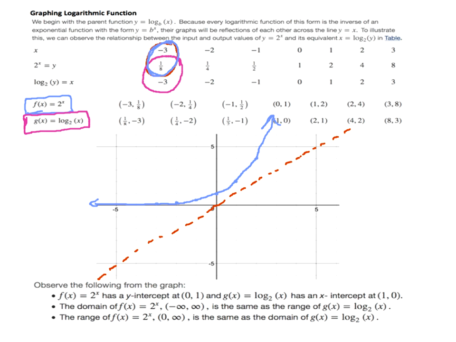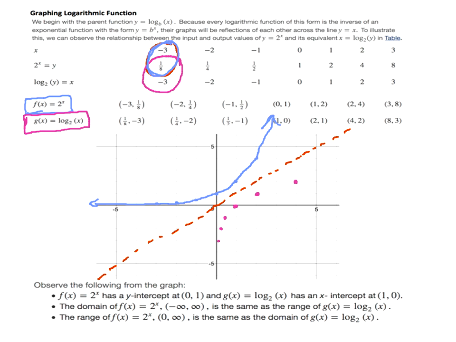And now let's take a look at the corresponding inverse logarithmic function. Positive 1/8, -3. Positive 1/4, -2. Positive 1/2, -1. 1, 0. 2, 1. 4, 2.